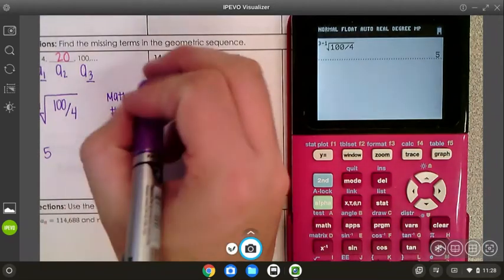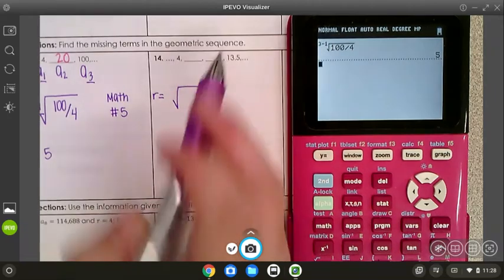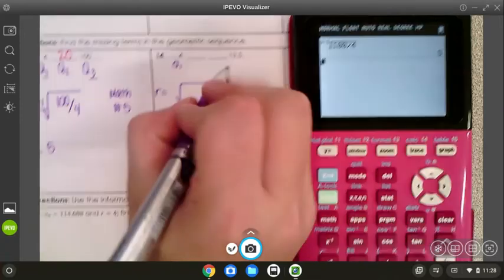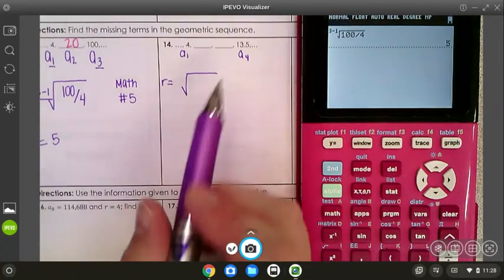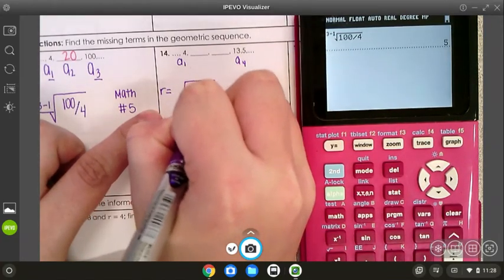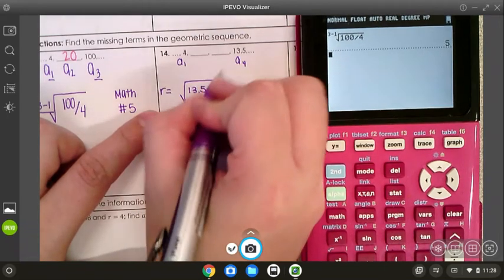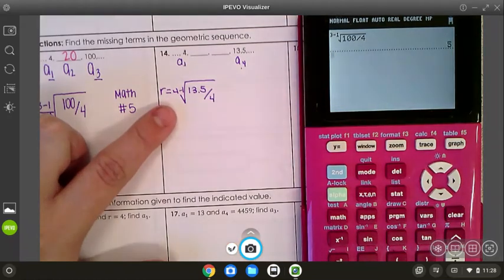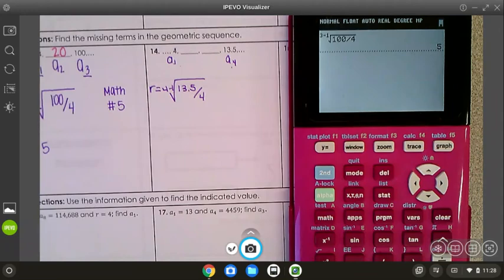So number 14, to find my r, let's see, this would be my A1, A2, A3, A4. Under the radical is going to be 13.5 over 4. And then the actual root is going to be 4 minus 1. So it's really going to be the third root.